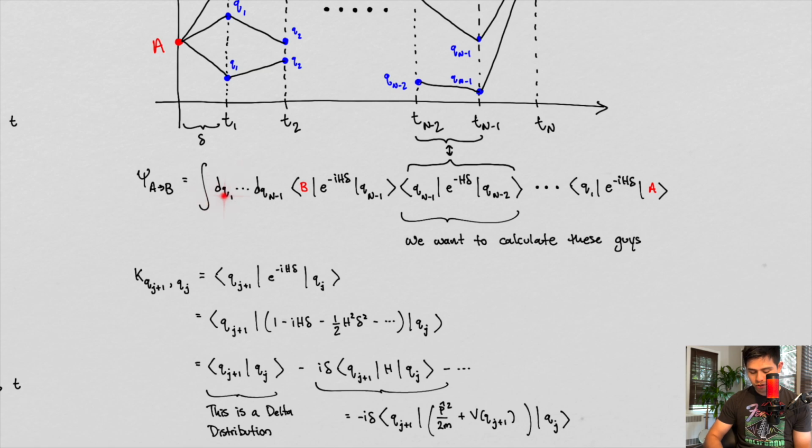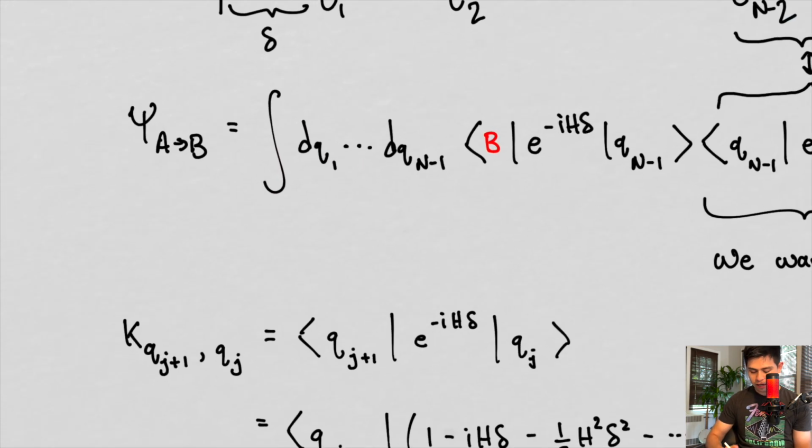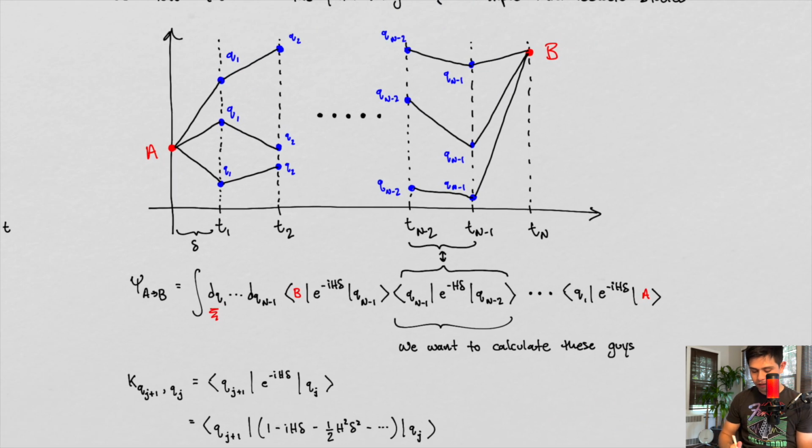You can think of each of these as a downward sum on this picture. So we're summing over all Q1s, and summing over all Q2s, that's what dQ2 would look like in here.